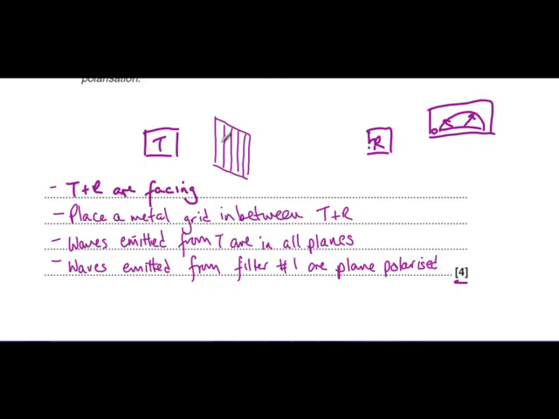So then I'm going to take another filter, I'm going to rotate this filter by 90 degrees. So I have the metal grid lines at 90 degrees. Rotate second filter through 90 degrees.